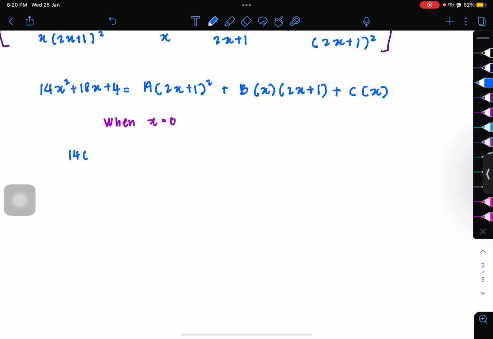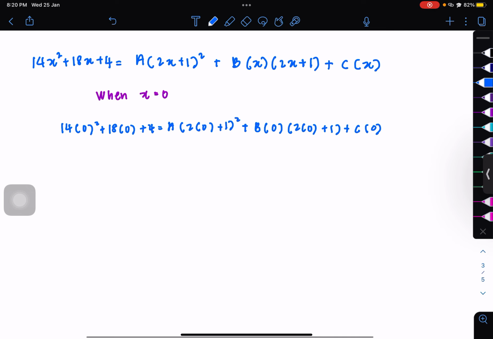So 14 (0) squared plus 18 (0) plus 4 equals A (2(0) plus 1) squared, okay, plus B (0)(2(0) plus 1) plus C (0).